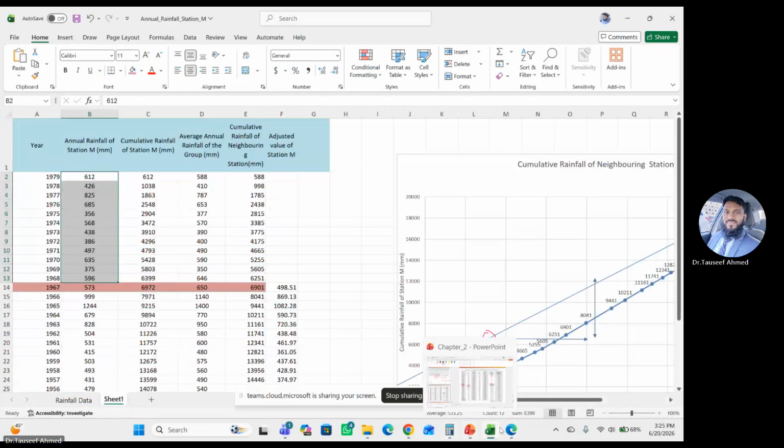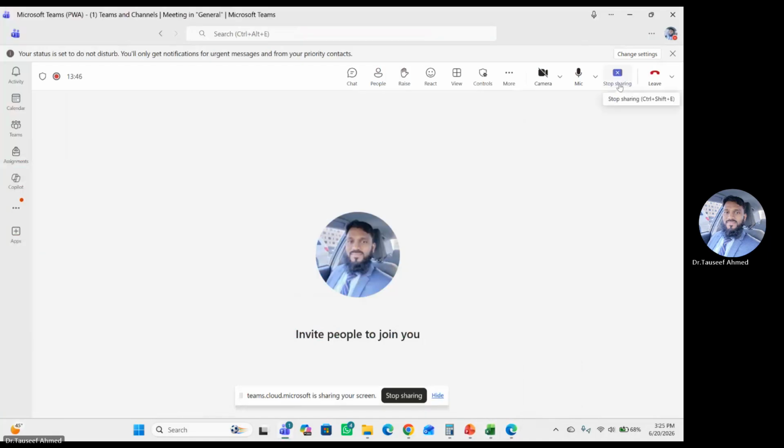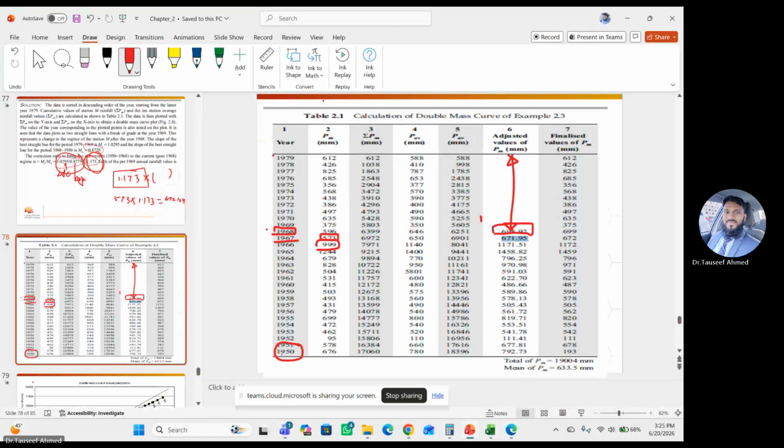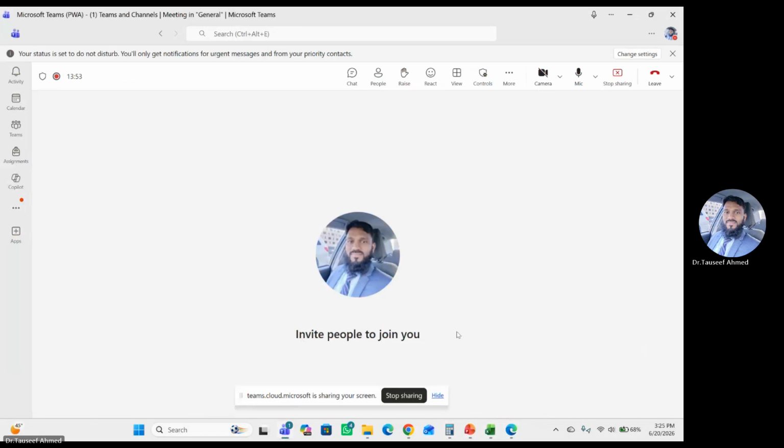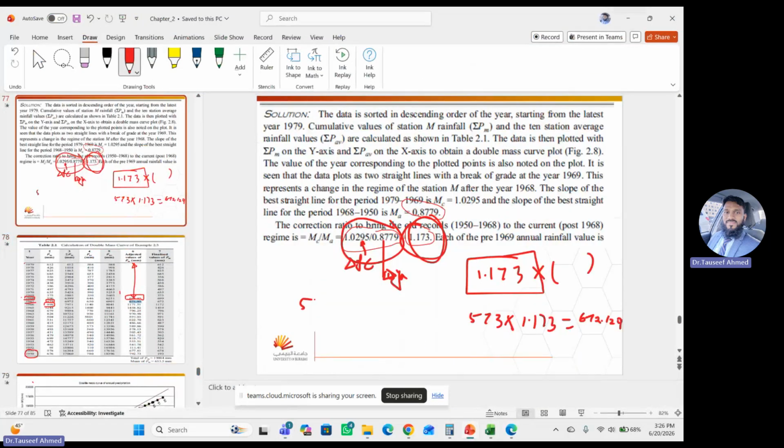598 multiplied by 1.173. When you multiply this, you will get the same value. They took from 1968, so it is coming 701.